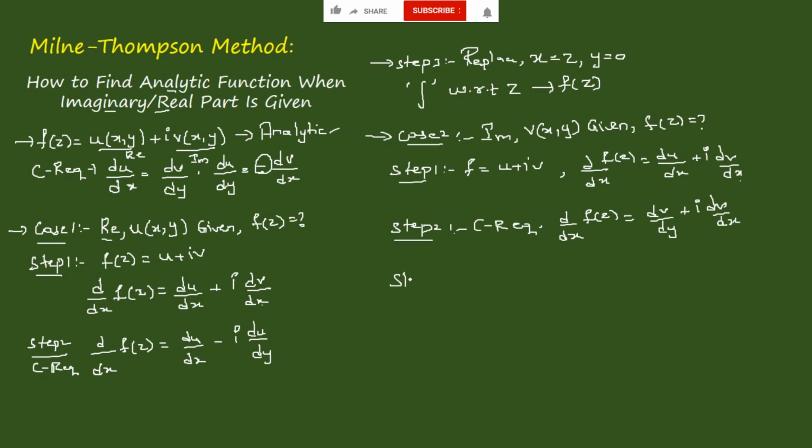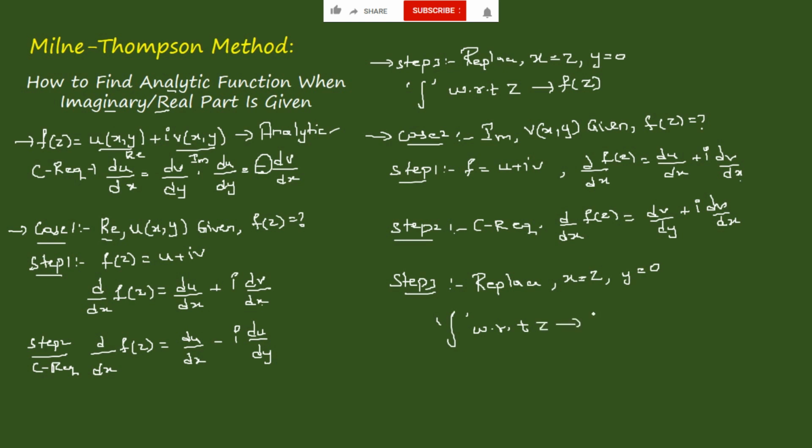Now we go to step 3. In step 3, we replace x with z and y with 0, and integrate the whole thing with respect to z.